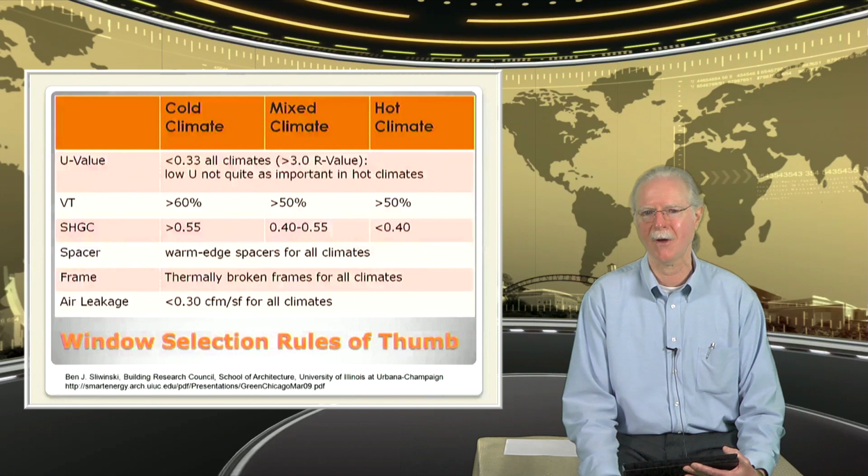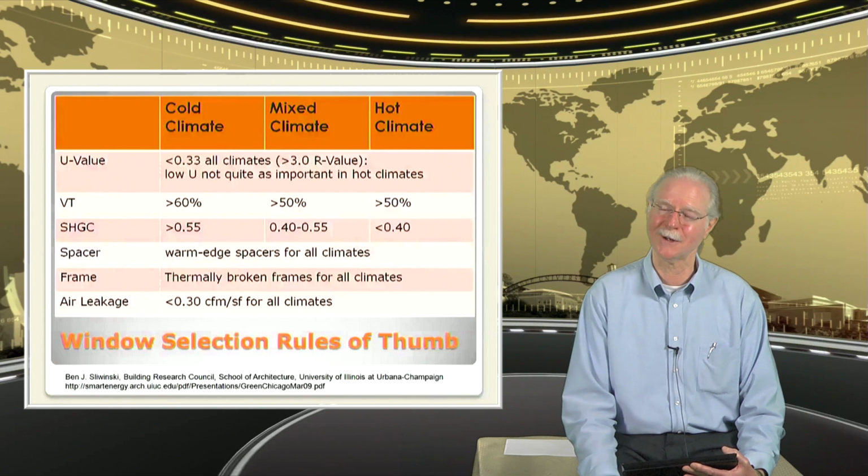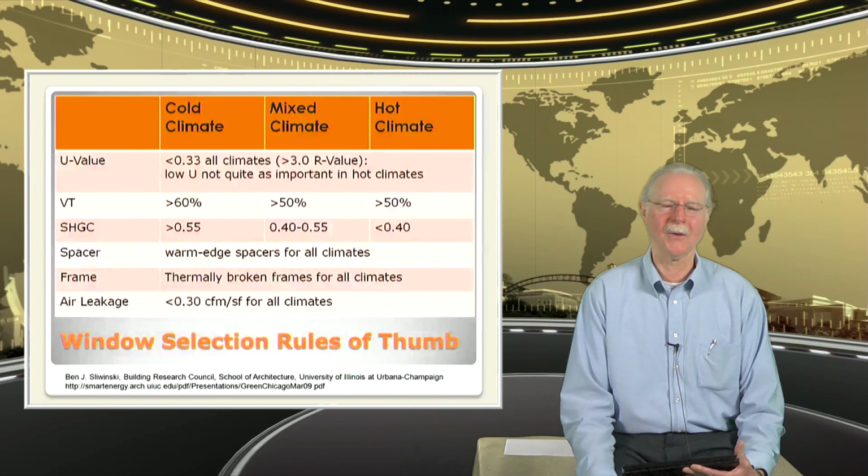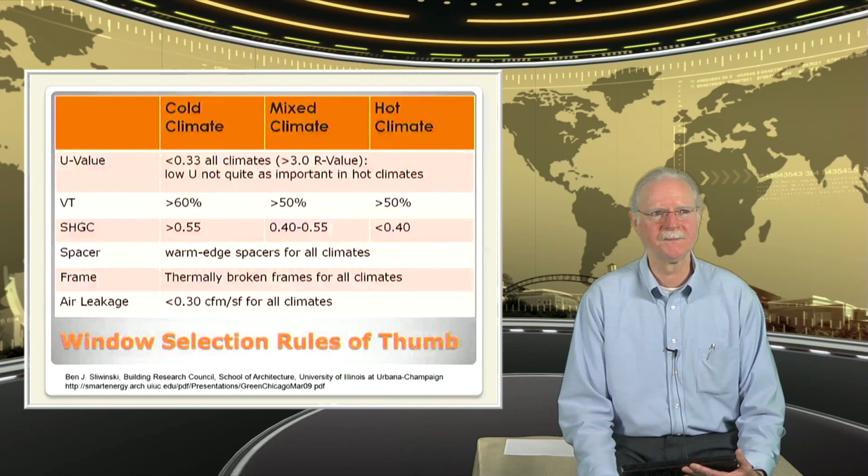It's very difficult to justify triple glazed windows in a hot climate. We're also going to be looking for glazing that has a limitation on the amount of solar heat gain. When we're somewhere in the middle, well, those ratings should be somewhere in the middle.